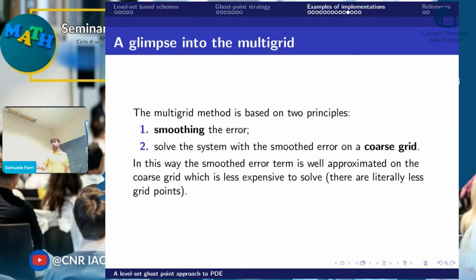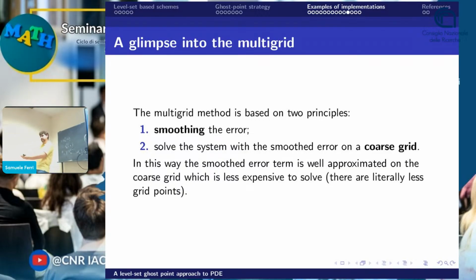Just to give you a small insight about what multigrid is, if you don't know it: it is an iterative method for linear systems that is based on two principles, the smoothing principle and the coarse grid principle. What we do is smooth the error.